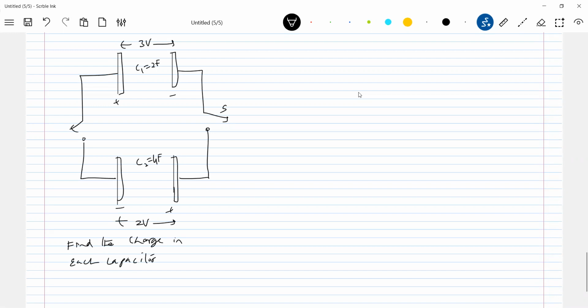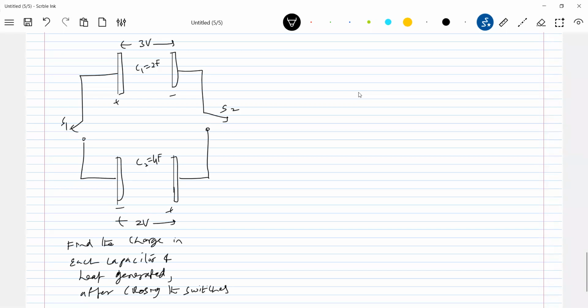Find the charge in each capacitor and the heat generated after closing the switches. Let me name the switches S1, S2.